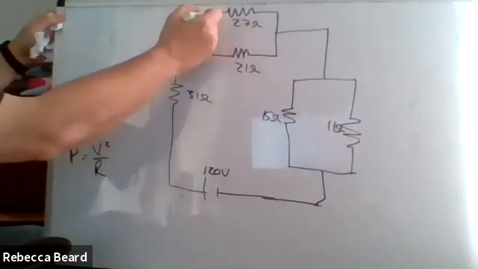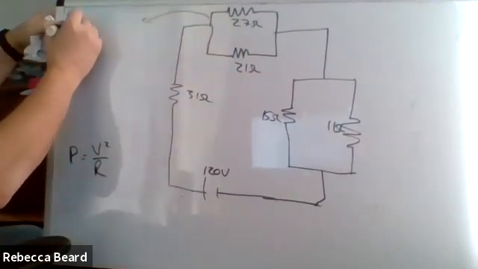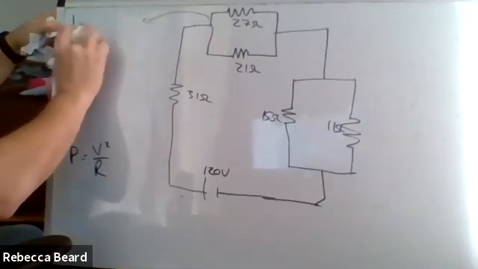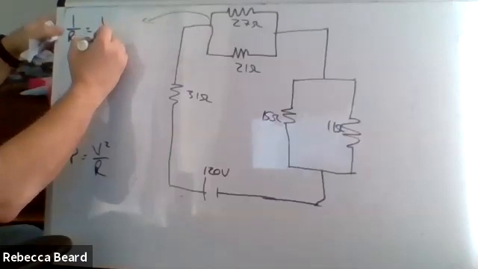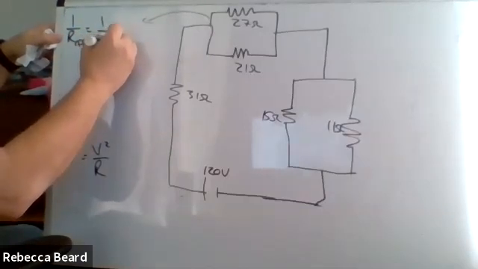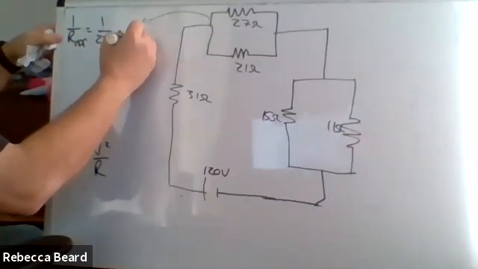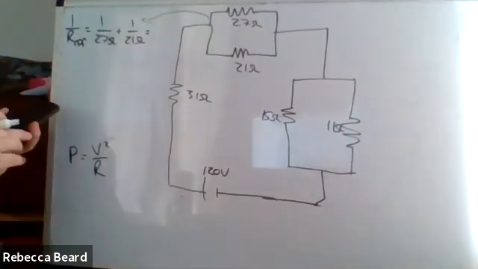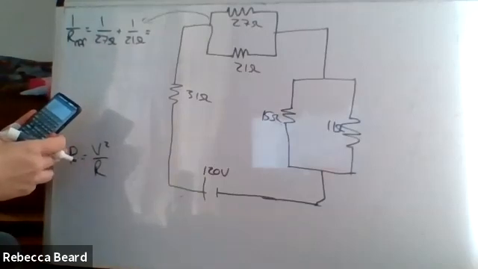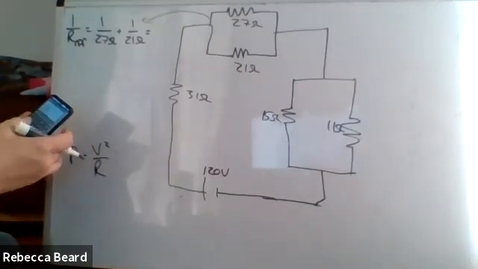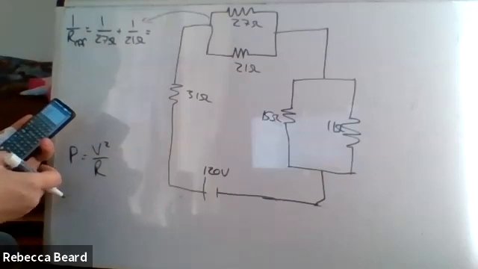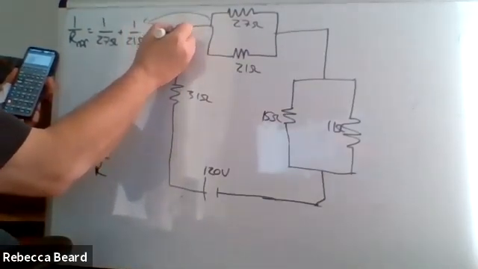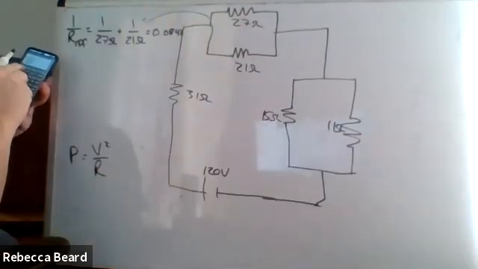So to figure this one out, we're going to have parallel. So it's that nasty 1 over equation. 1 over 27 ohms plus 1 over 21 ohms. I'm getting 0.0847 for that, and then 1 over that to get the actual resistance.